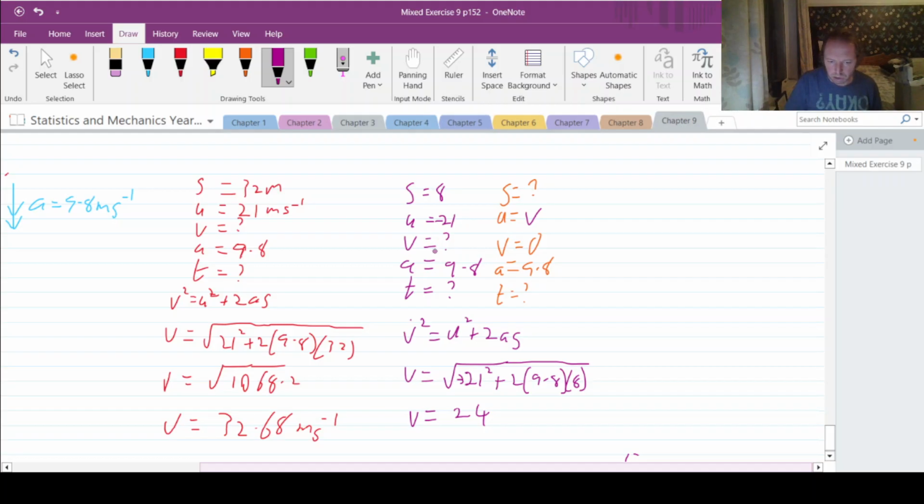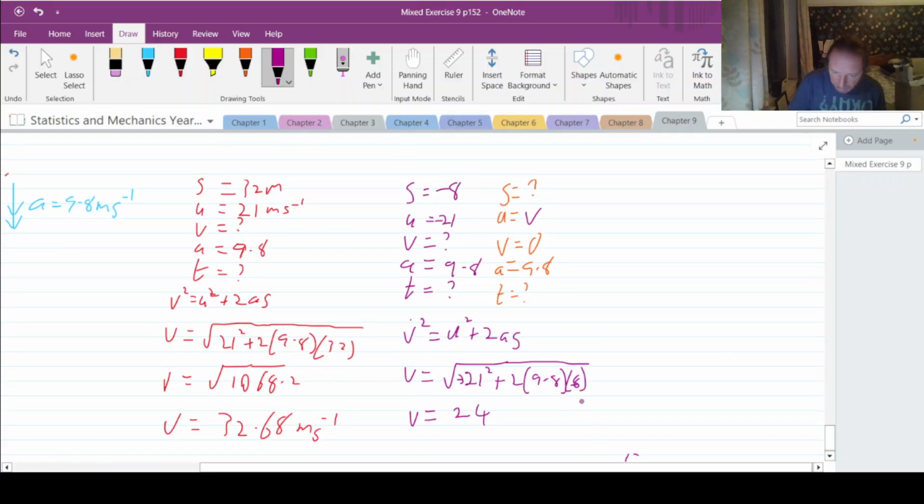All right, so distance is minus 8. Sorry, distance is minus 8 because I'm traveling upwards. So there we are.